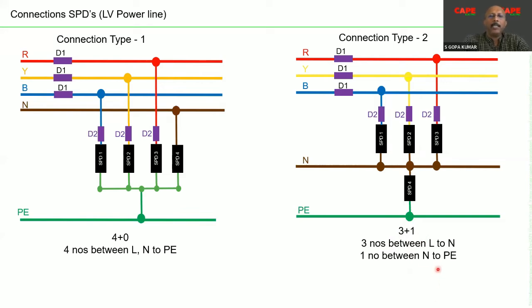Both these connections can be used depending upon your network, whether you are using a TNS network, TNCS network, TT network, or IT network, and depending upon the voltage stress, the temporary overvoltages expected in the network, you are supposed to select one of the connections.